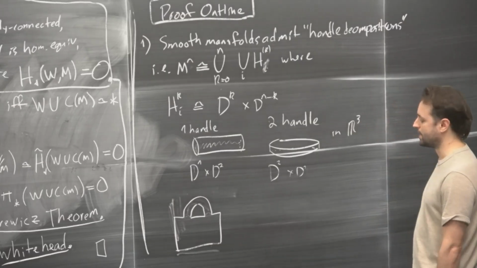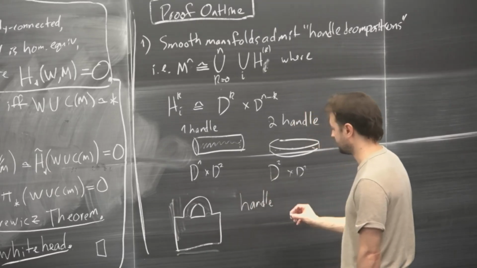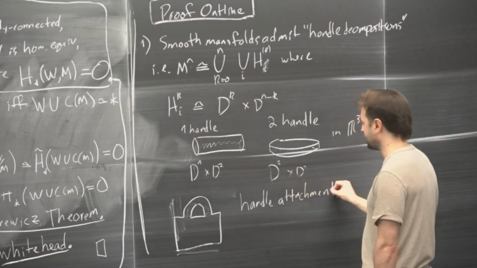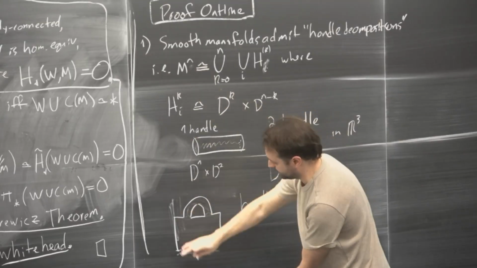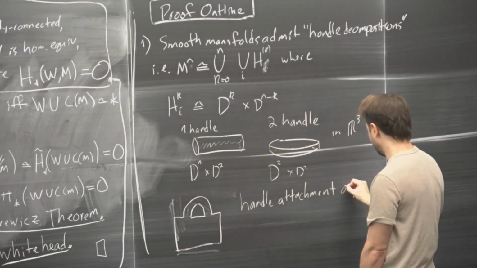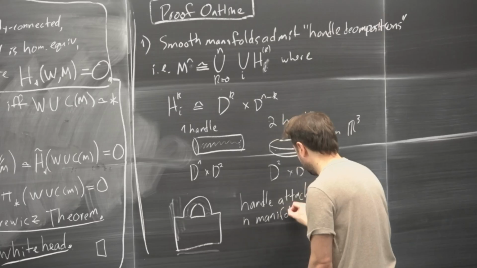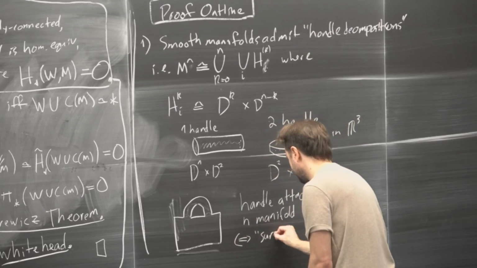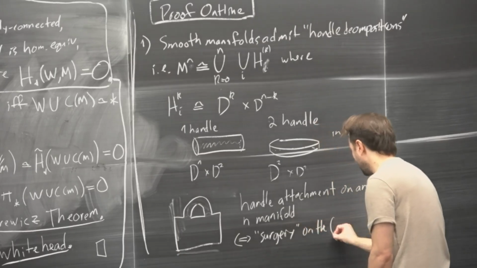So the effect of handle attachment, I'll just mention it now because I don't think I'm going to need it at all for the rest of the talk: handle attachment is something that happens in the ambient n-manifold, where the ambient dimension is n. This results in a surgery. Well, the surgery theory is all about the n-1 dimensional boundary.